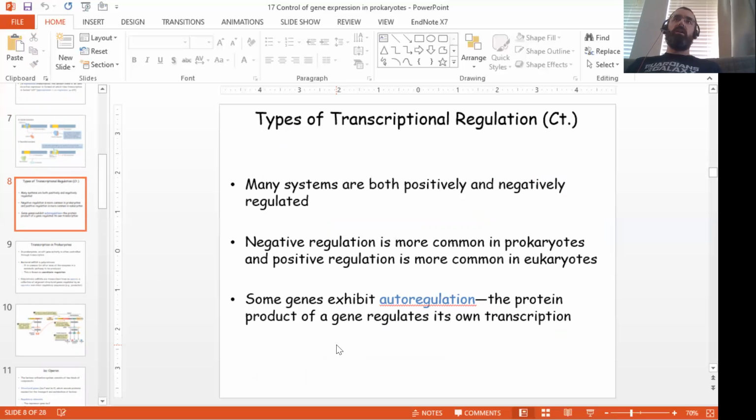So let's say you've turned on a gene and it's involved in producing, I don't know, an amino acid, right? But once you have enough of that amino acid, you're essentially fulfilling the need of the cell in terms of translation. Any extra amino acid is just going to be wasted, right? It takes energy to make and resources and things like that. So you want to control how much of it is there.